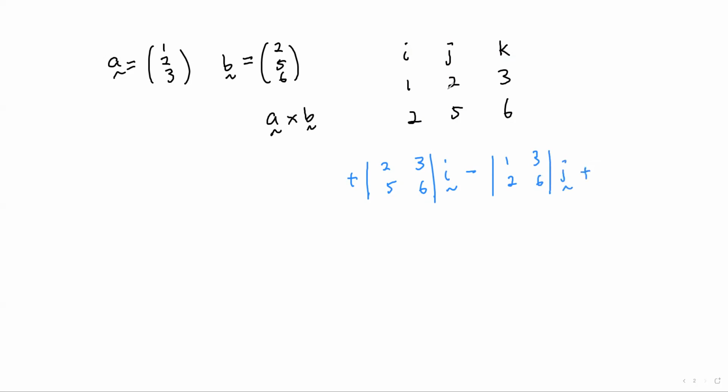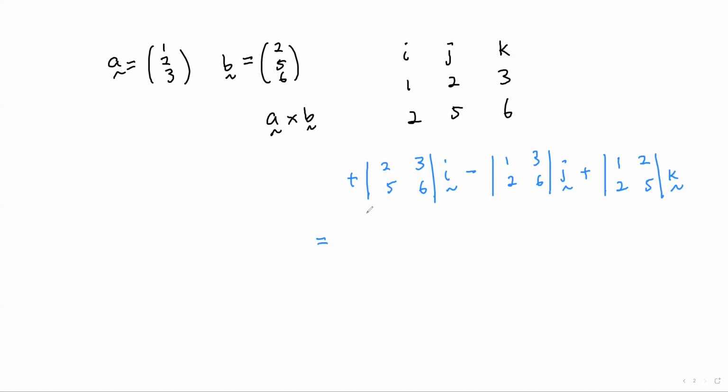And followed by a plus. For the last one, I will cross out the first row and the third column. So I'll be looking at 1, 2, 2, 5 here, and this will be the K component. Next, I'm going to find the determinant of each.